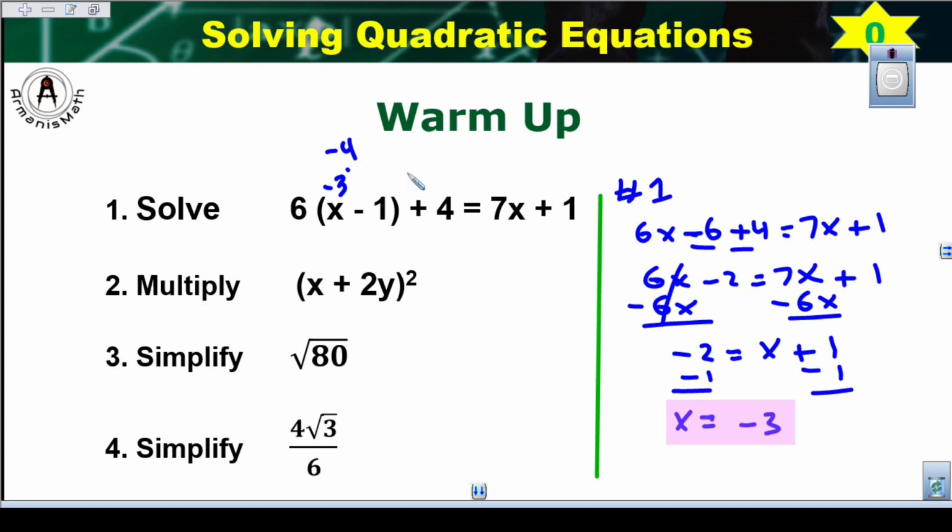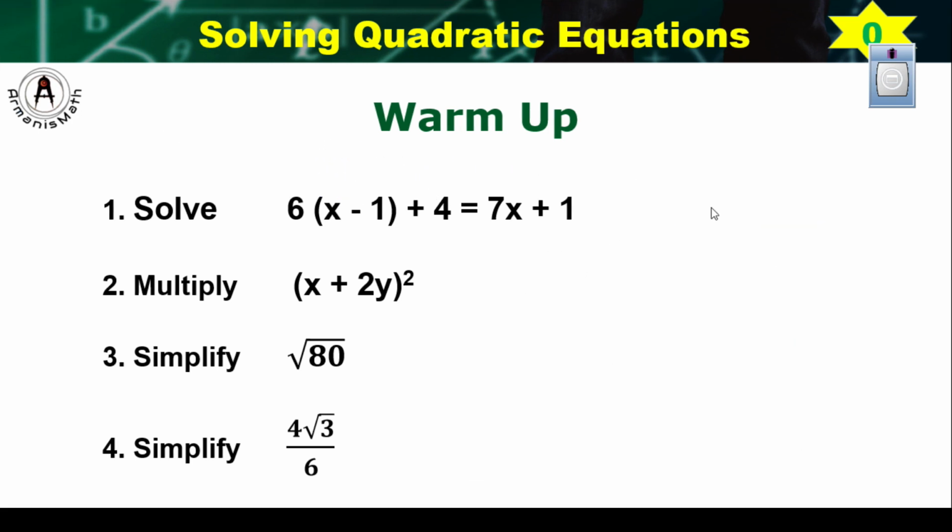That's -20 on the left side. And on the right side, 7 times -3 is -21, and -21 plus 1 is -20. So that one would work. Okay. Make sure that you check the answer. Check your answer.